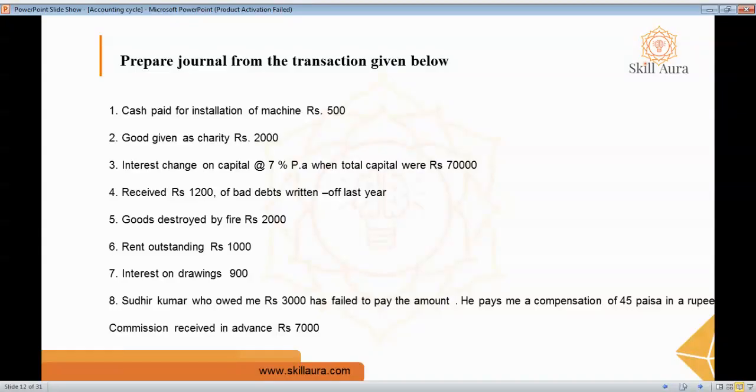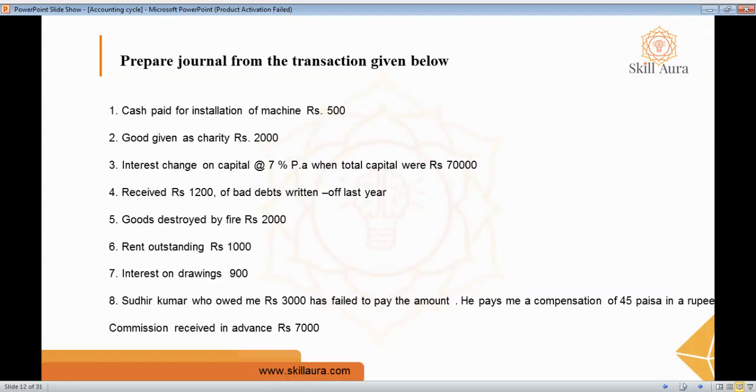The first entry is cash paid for installation of machinery, that is 500. Here it is related to an expenses transaction. So we debit the installation expenses account to record the increase in expenses, and we credit the cash account to show the decrease in cash, as it was paid for installation.